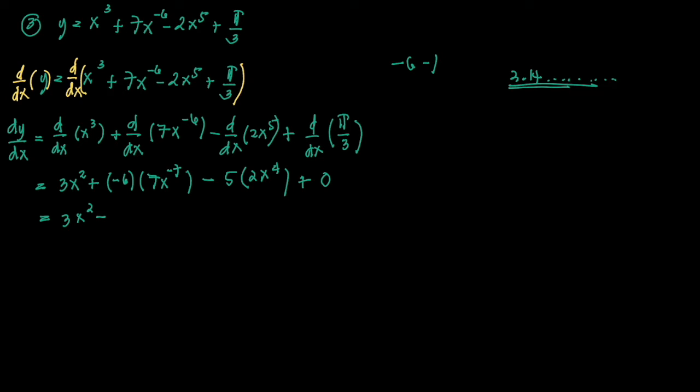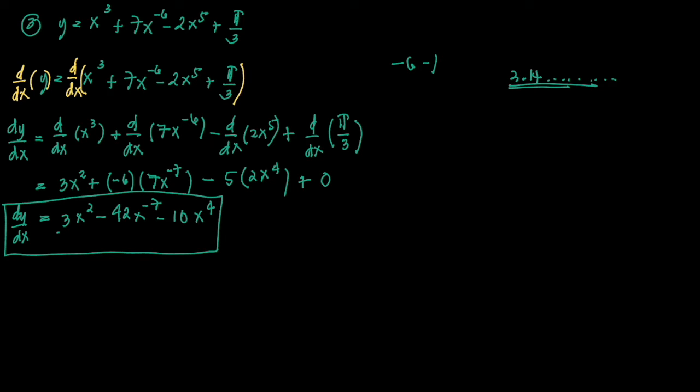And 6 times 7 is 42. x and copy the exponent negative 7. And this would simplify to negative 5 times 2 is 10. x raised to the fourth power. And this is now our derivative of the function. So this is now the derivative of y with respect to x.